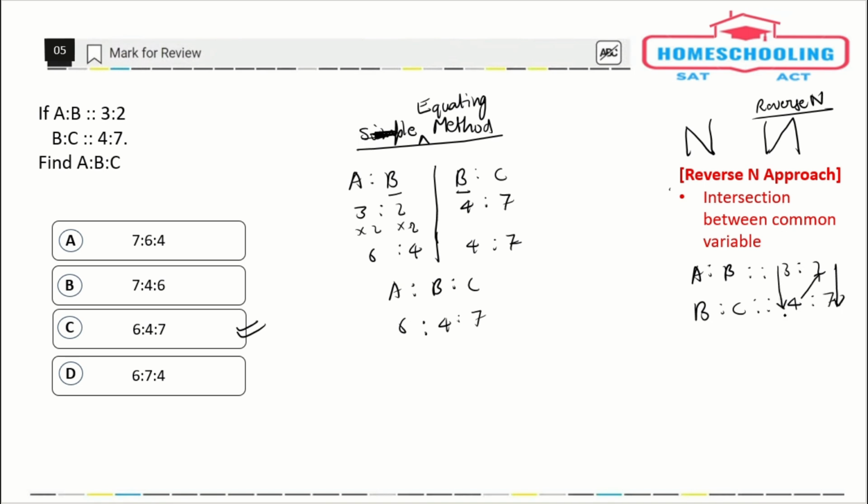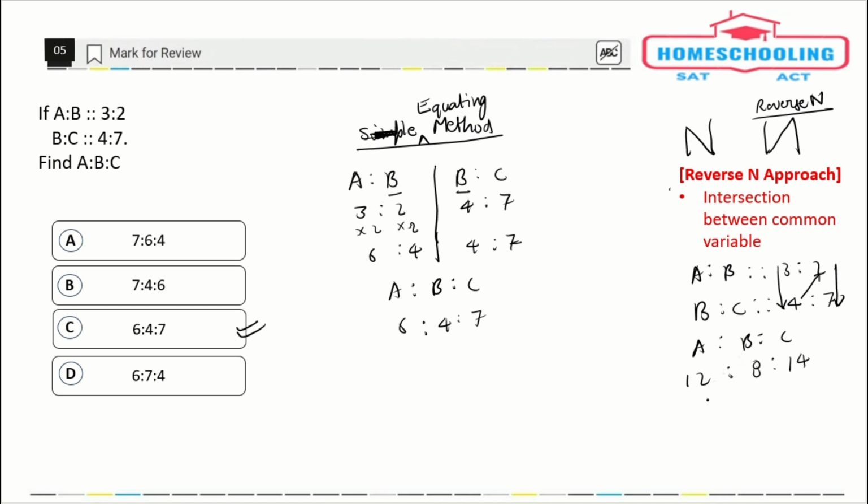The line intersecting between them, 2 and 4, is the intersection between the common variable, that is B. So we can write A is to B is to C: first, 3 into 4, that is 12. Second, 2 into 4, that is 8. Always remember the intersecting line in the reverse N should have common variables. For C, 2 into 7, that is 14.